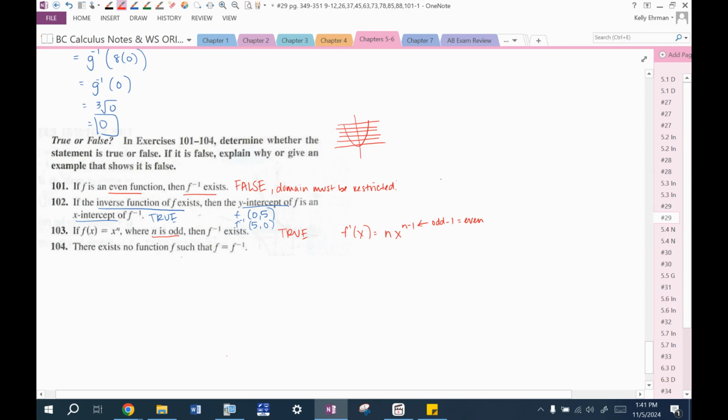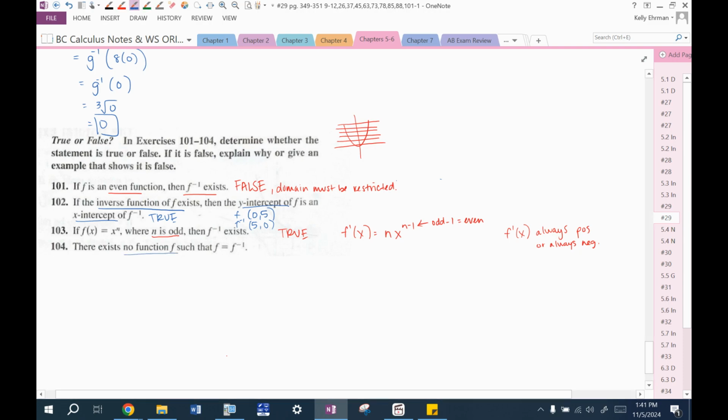And even if n is negative, like if it's x to the negative 3 or something, you'd have a negative times an always positive, so that'll always be negative. So f prime of x will always be positive or always negative. And remember, that was our requirement to say, oh, that means f will always be increasing or always decreasing, and then therefore strictly monotonic or one-to-one.